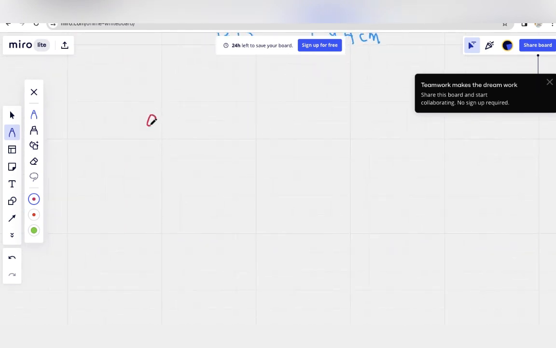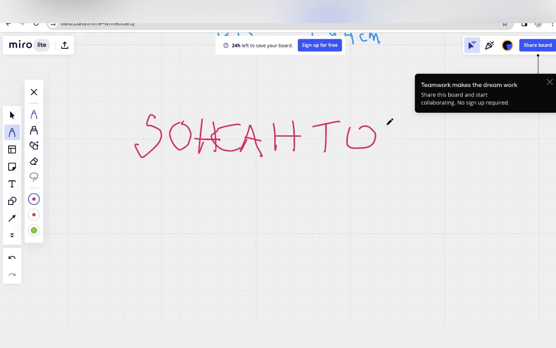So we have SOHCAHTOA. Now these are three trigonometrical ratios. They are ratio because something over something.